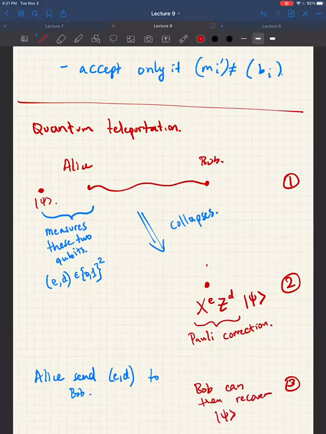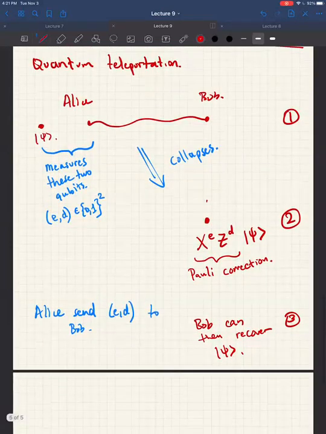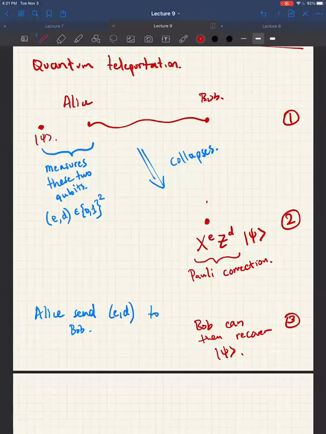So this is quantum teleportation. We call it teleportation because it seems like Alice can transmit an arbitrary qubit to Bob just by sending only classical information. But of course, they have to share entanglement beforehand. And this is an EPR pair.